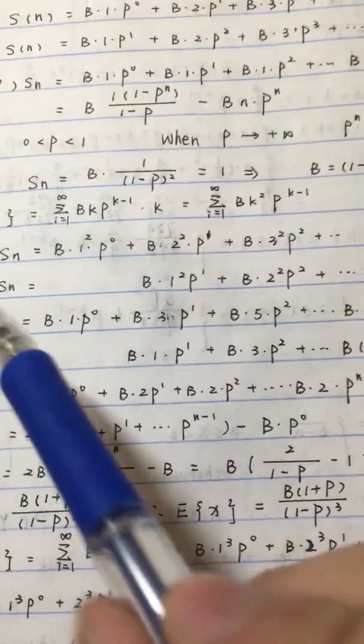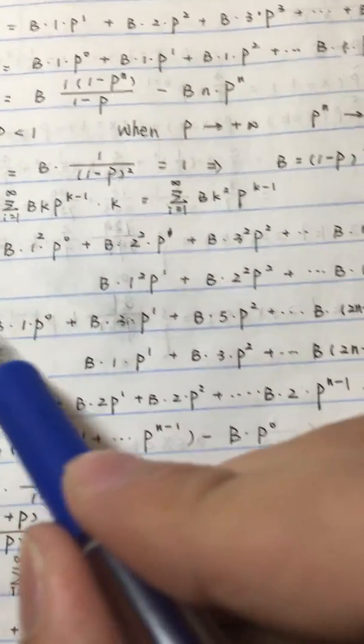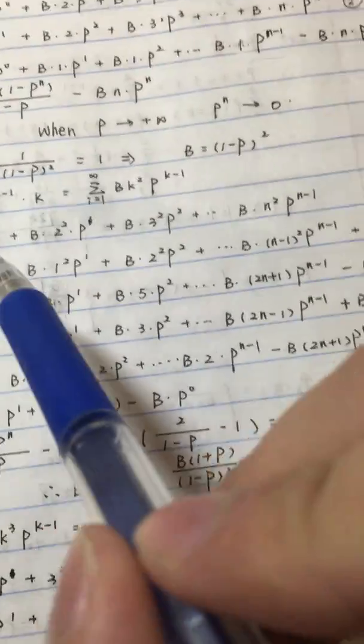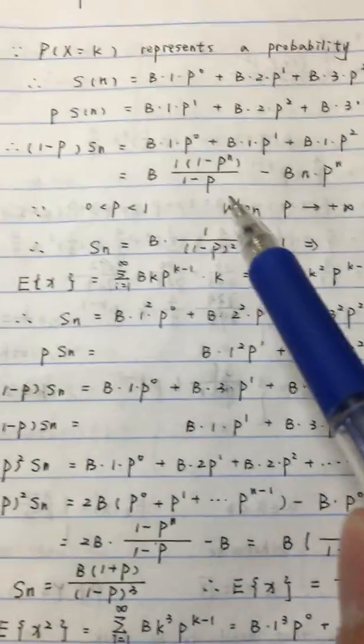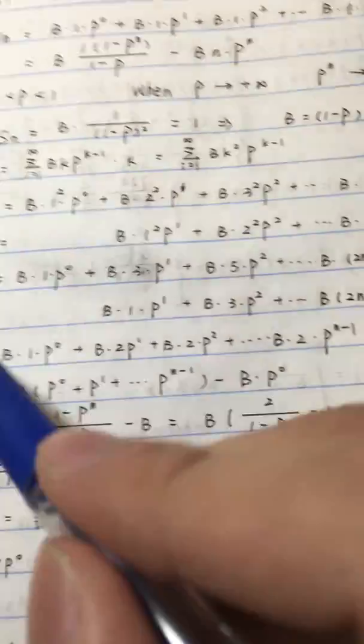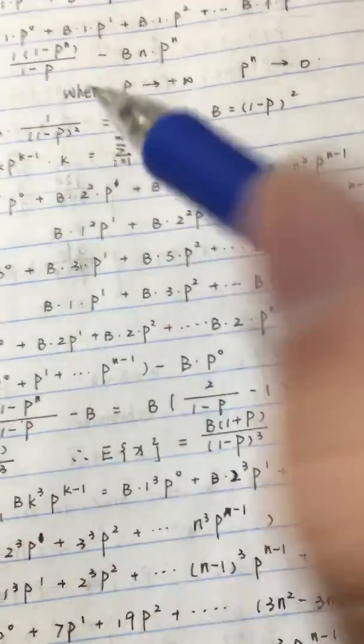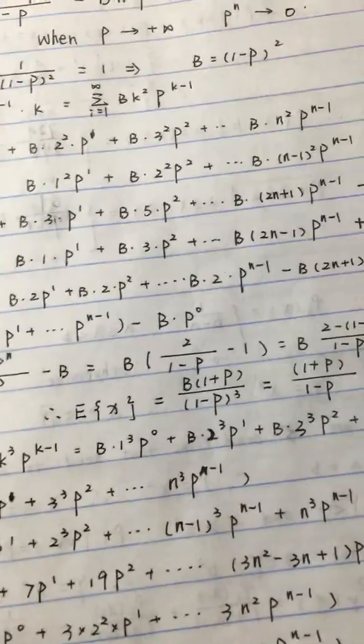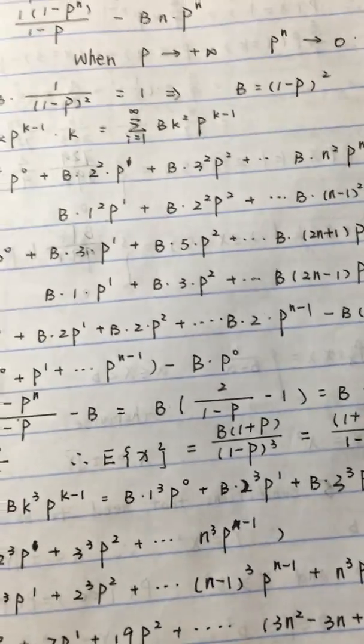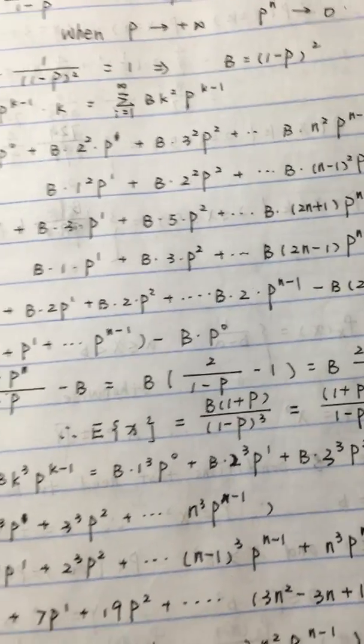Same solution as the previous problem, so we can multiply p on both sides of the equation, and then we use equation 1 minus equation 2.